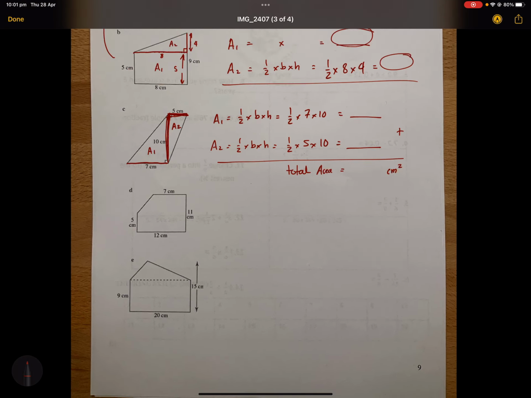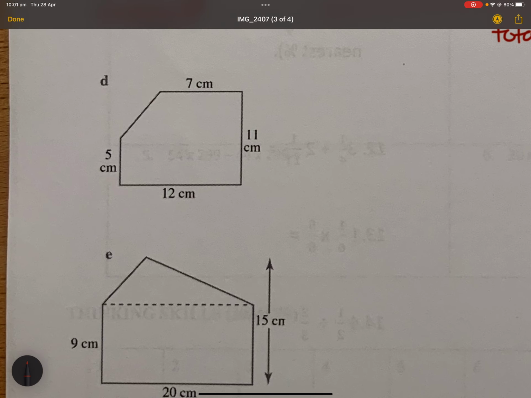All right. Next one, you've got this weird shape here. Now if I cut it, I'm going to cut it into this rectangle and this triangle. So instead of cutting it this way and getting 3 shapes, why not pretend that this shape was filled up? Imagine I have the area of this entire shape.